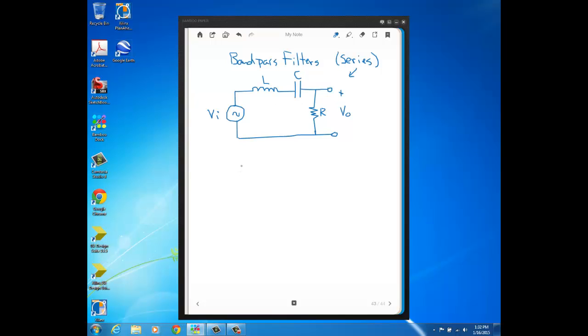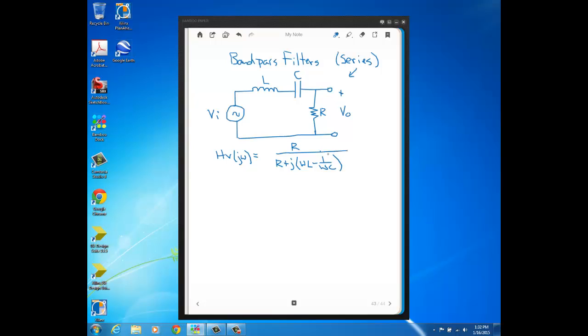So we're going to start off by writing the frequency response equation for this bandpass filter. H_V of j omega is just going to be the impedance of the resistor divided by the ZEQ, which I'm going to write as R plus j omega L minus j 1 over omega C.